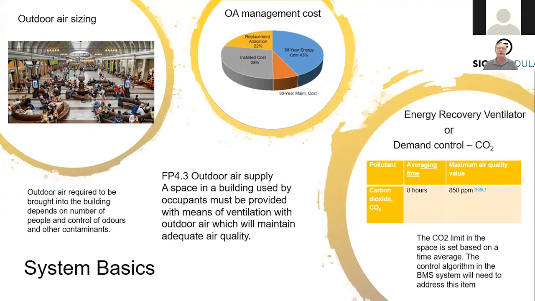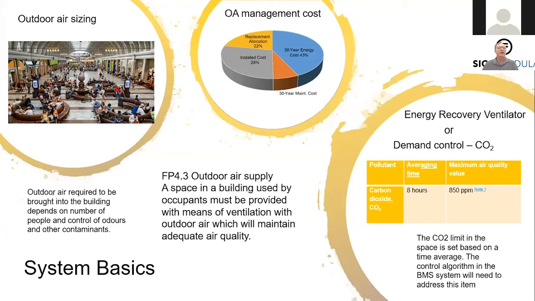So if you're providing outdoor air into a space that is of low quality, you're not meeting the performance requirements of FP 4.3, and that's why I mentioned earlier, if you're going to apply economy cycle, make sure you have a reasonable quality outdoor air to bring in.